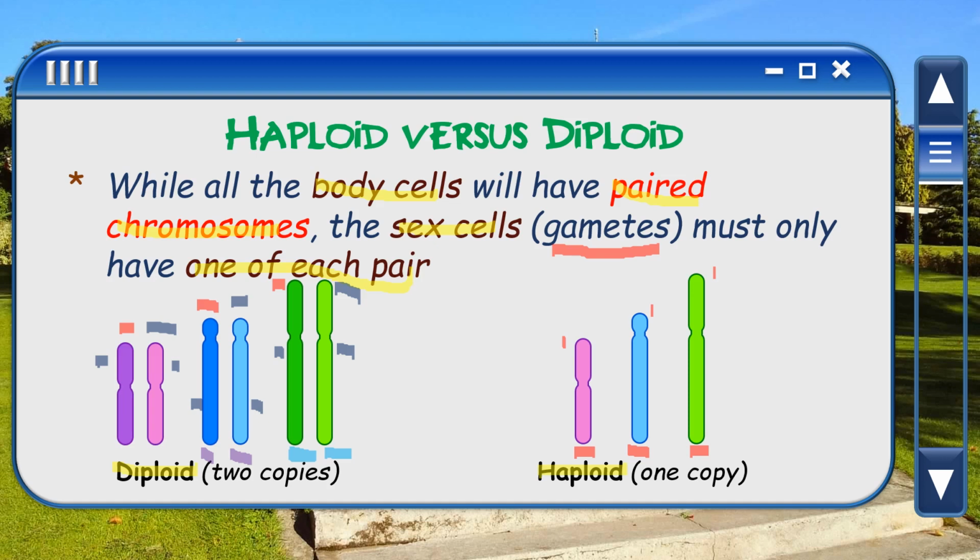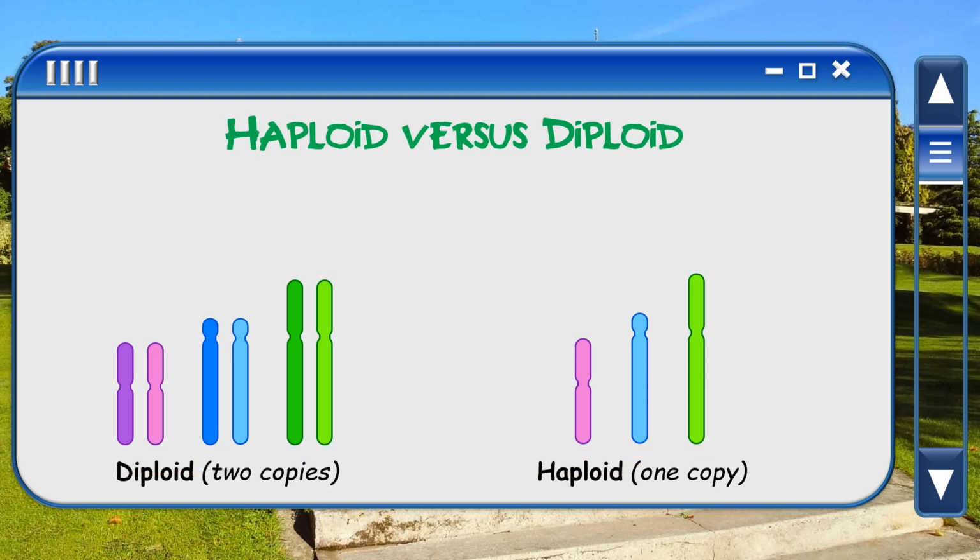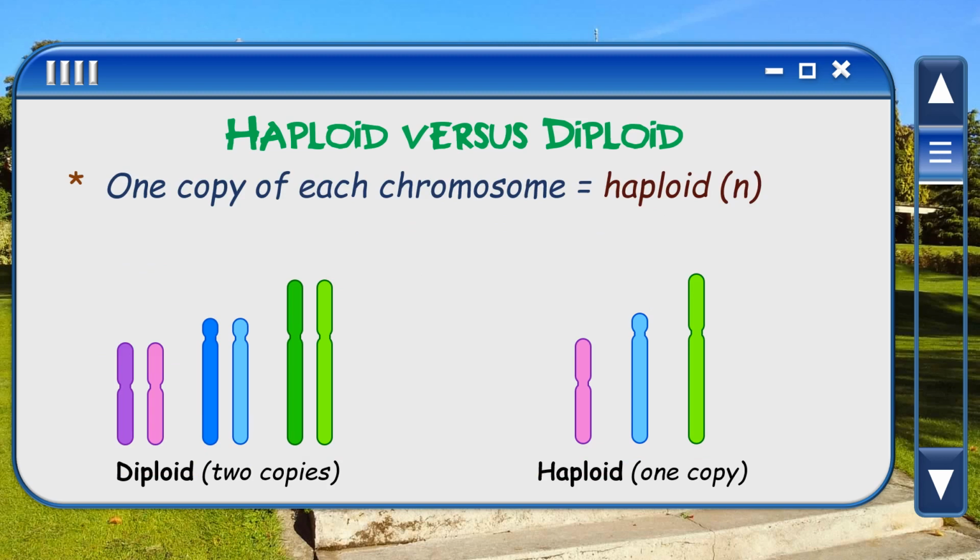Diploid, there are two copies. Haploid, it is one copy. One copy of each chromosome is referred to as haploid, and when we are writing it, we always write N to represent haploid. But if there are two copies of each chromosome, then that is what we refer to as diploid.